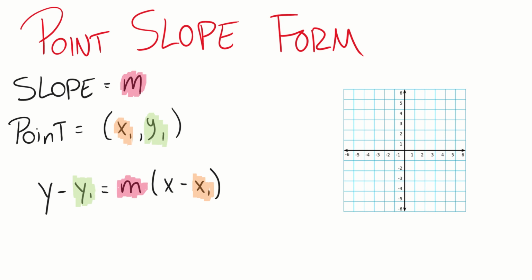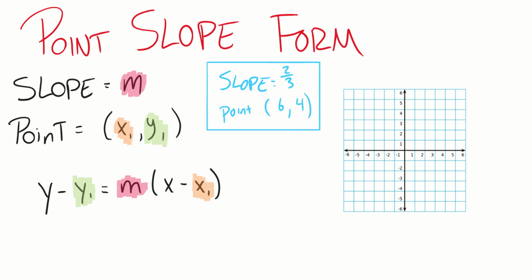So, if I had the information that I have a slope of 2/3 and a point of 6, 4, and I wanted to say, okay, what's my equation for this information?